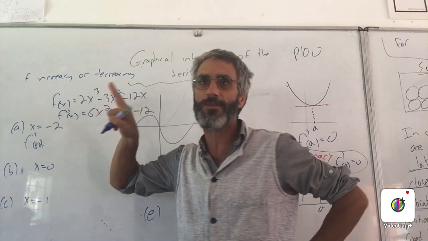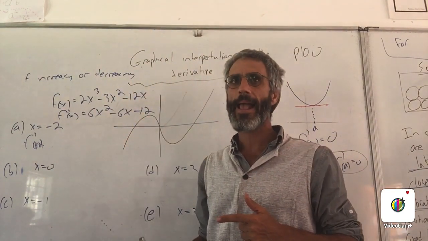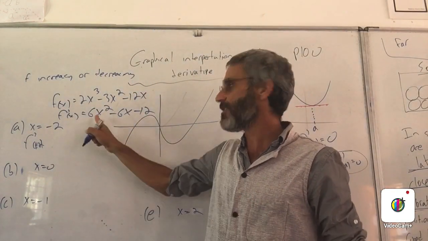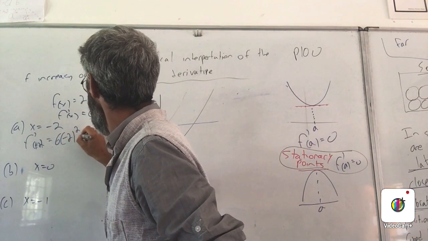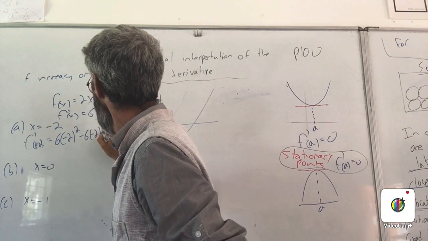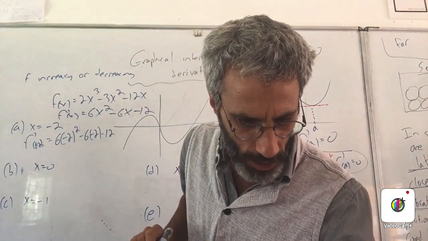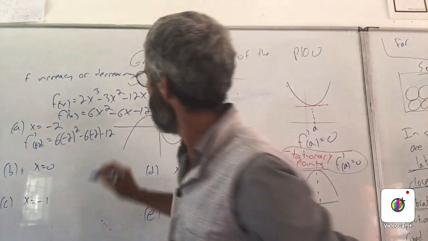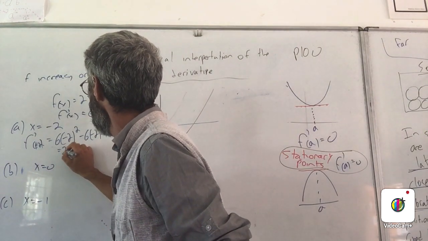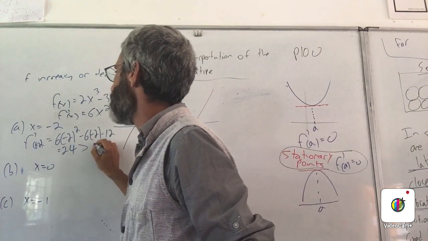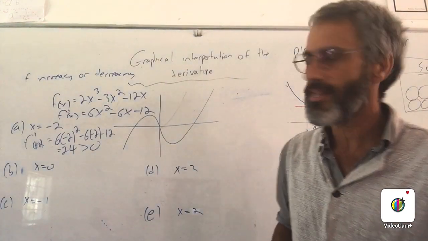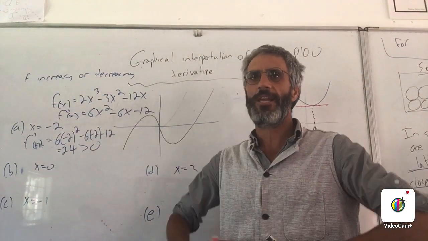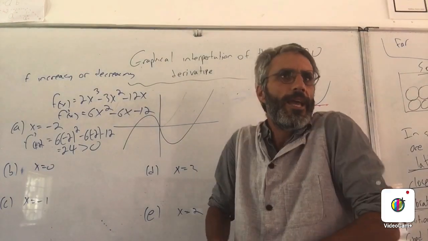In other words, I substitute minus 2 in the derivative. So it's going to be 6 times minus 2 squared minus 6 times minus 2 minus 12. And I'll just save us some time. What I'm getting is 24. Now, 24 is larger than 0. So what is happening to the f? Is it increasing or decreasing? Increasing.